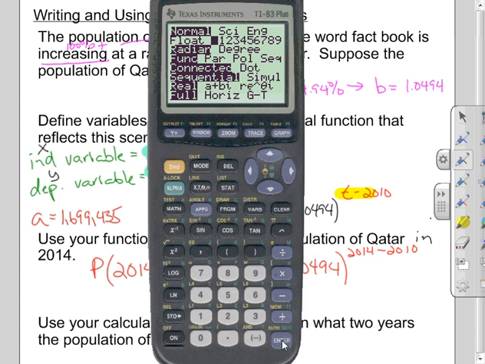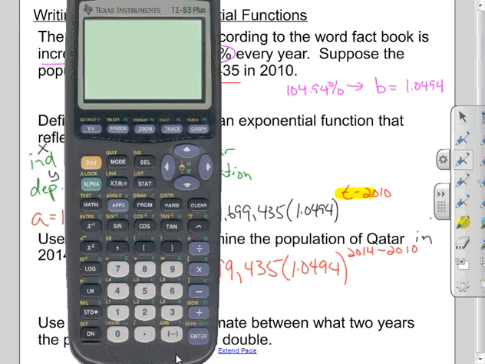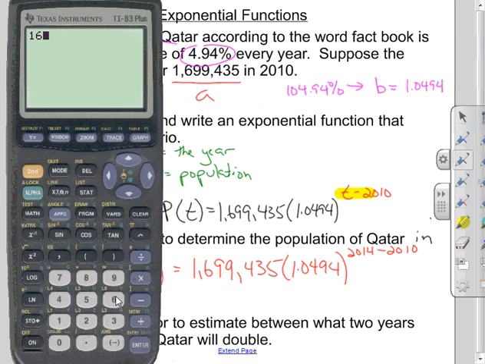Okay, so from here, I'm just going to enter this expression, which is 1,699,435 times 1.0494 to the, now just be careful, depending on your calculator, you have to do the exponent correctly. I have an older version of a graphing calculator, so I have to make sure I group the exponent together. So 2014 minus 2010.